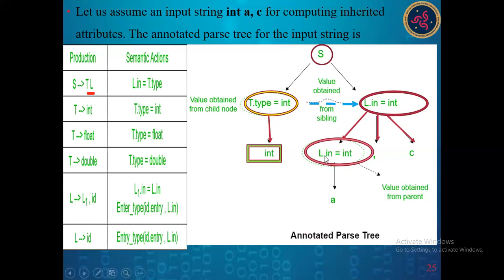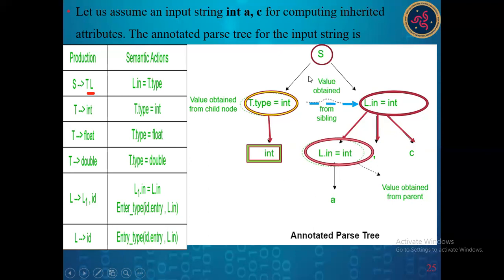Again there is an L, right? For this L, we can have the other production, where we directly take the identifier. So I have taken the identifier, that is A. Next, the comma production was there, so here we have L1 comma ID. I have taken the comma, and again the ID I have taken directly from my input string.